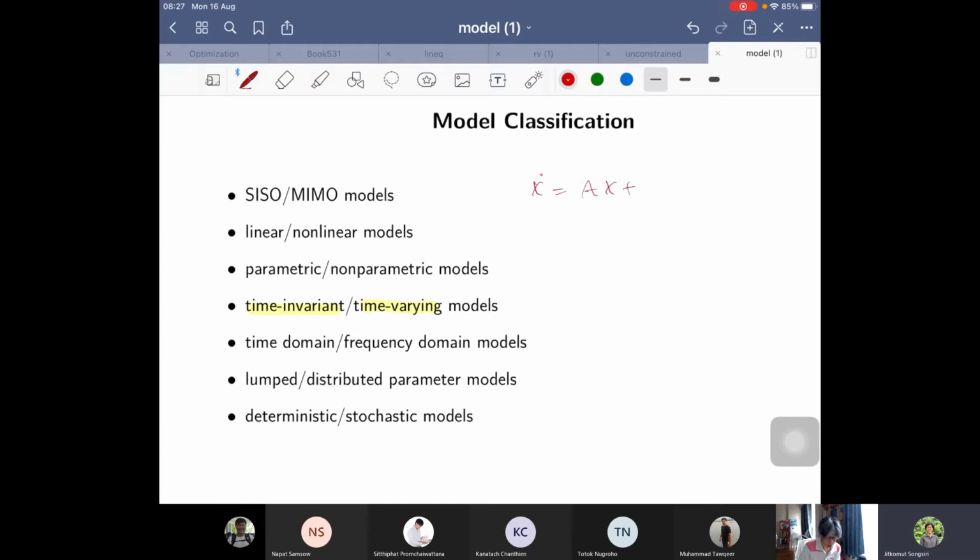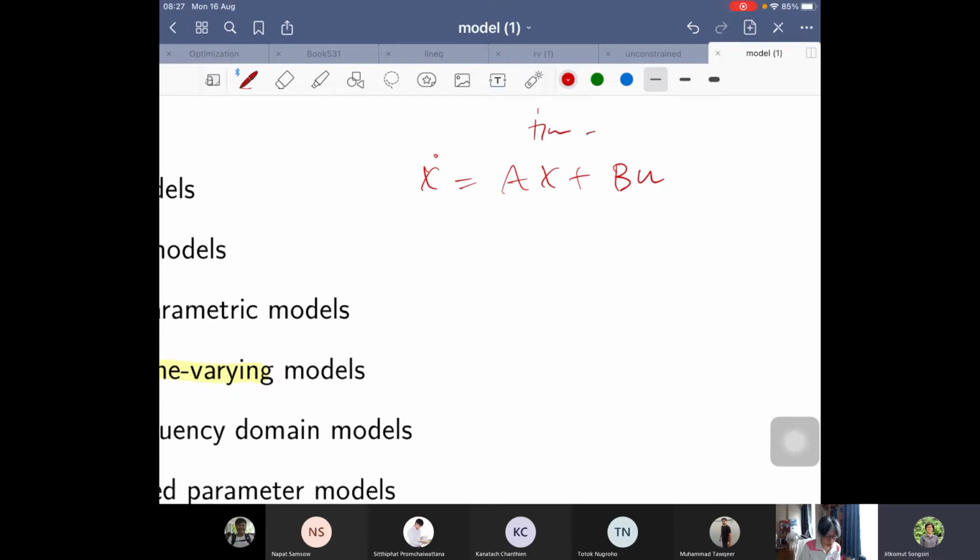In the linear control system class, we start with time invariant systems, which means that the coefficients of the model don't depend on time.